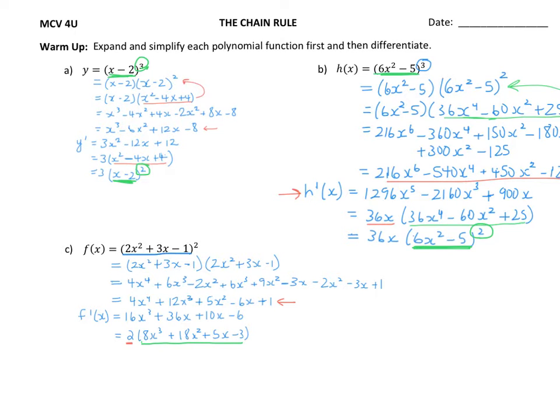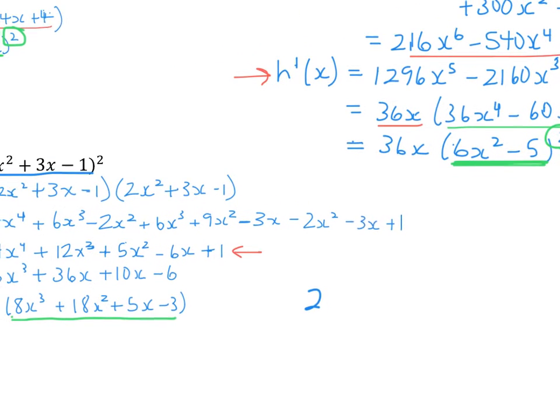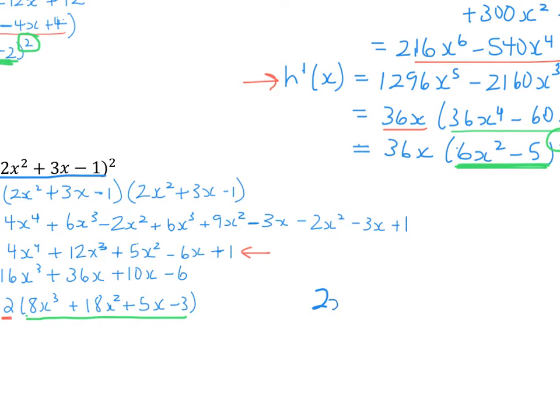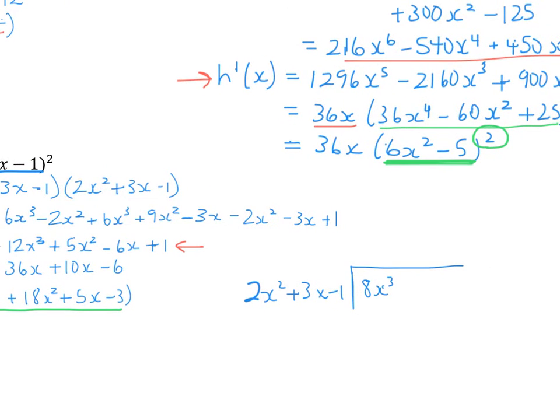Let's see if we can use our skills from advanced functions and take that 2x squared plus 3x minus 1. Can we take that and long divide it into this 8x cubed plus 18x squared plus 5x minus 3 and see what we get as an answer if it actually goes in evenly.